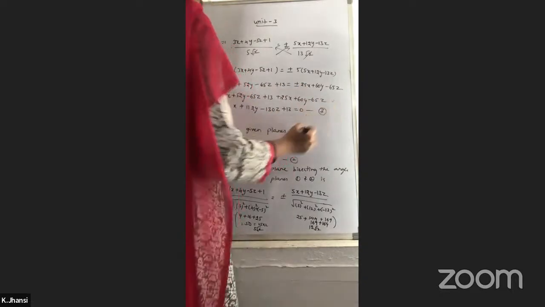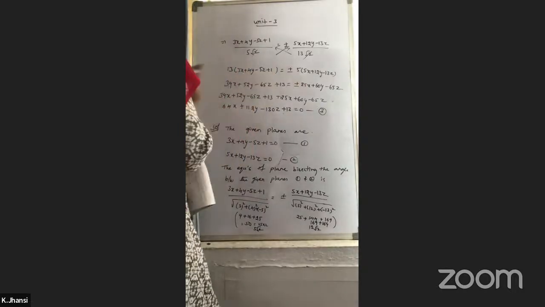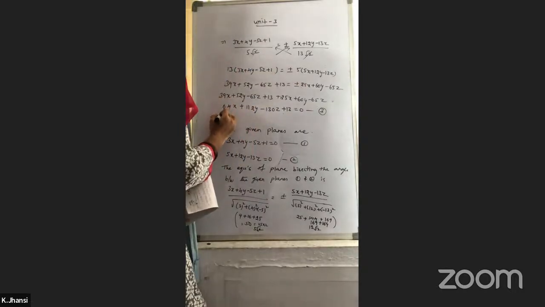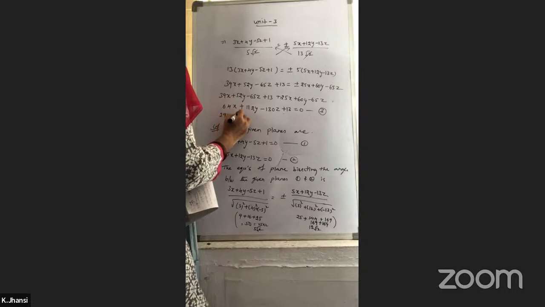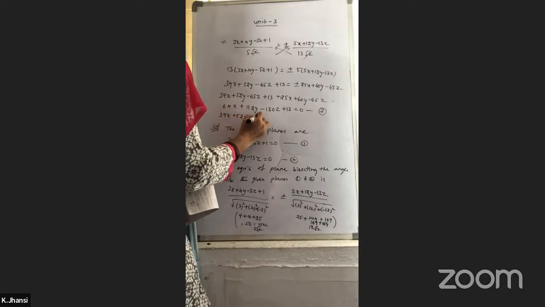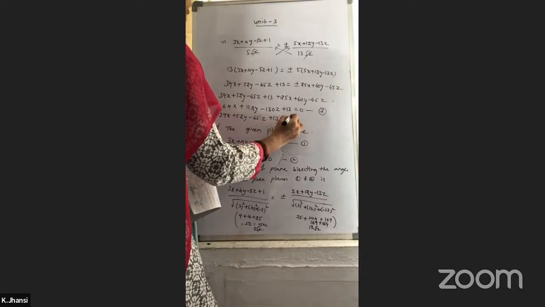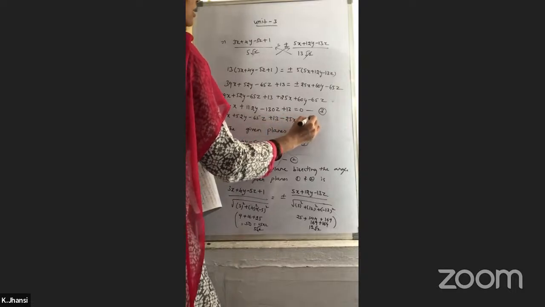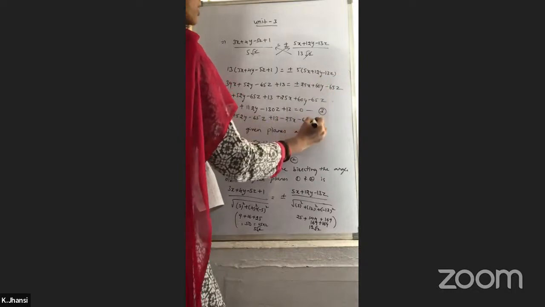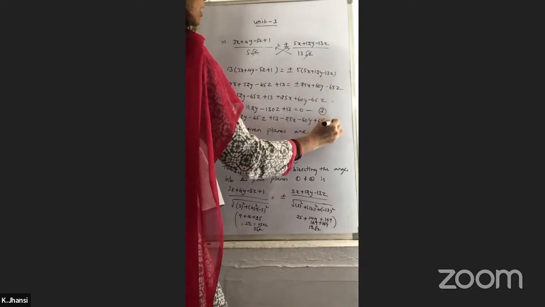Now this is the third equation. Now when you subtract them, 39x plus 52y minus 65z plus 13 minus 25x minus 60y and minus of minus is plus 65z.